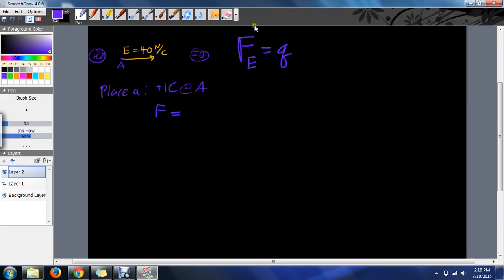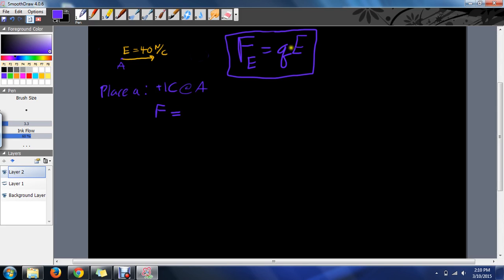If I put a Q here, I multiply the charge times the field strength, and that gives me the force that it feels. So this field is created by an arrangement of charges, but it's almost like I don't need to know what those charges are, because if I already know the field strength, I can easily calculate the force.